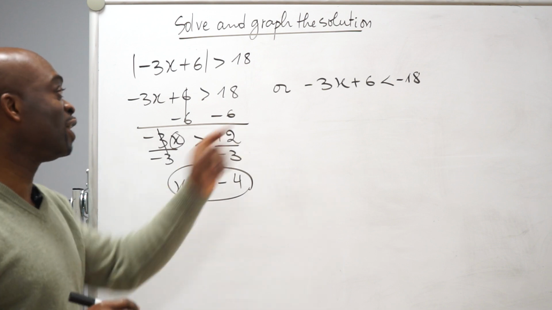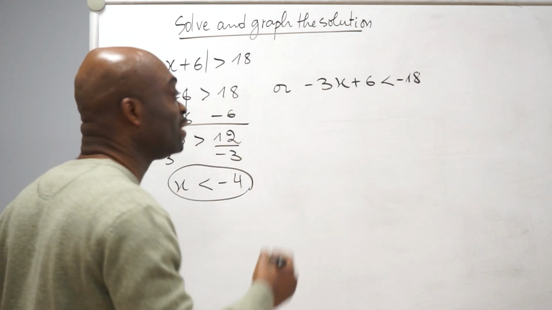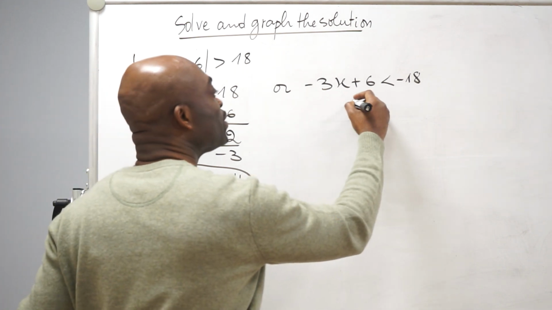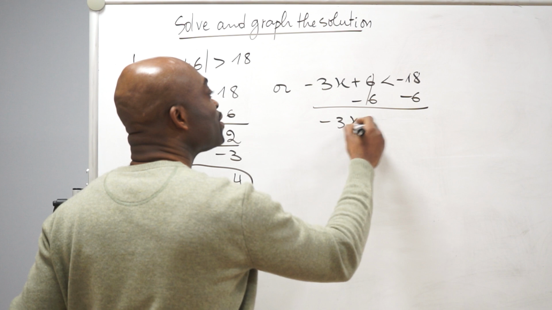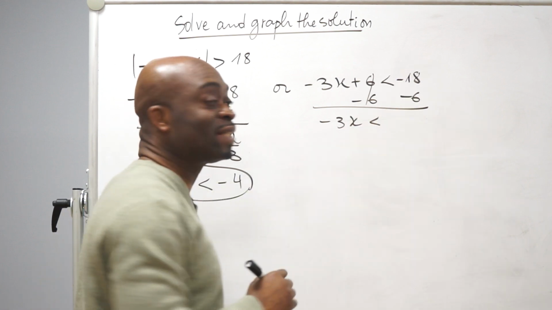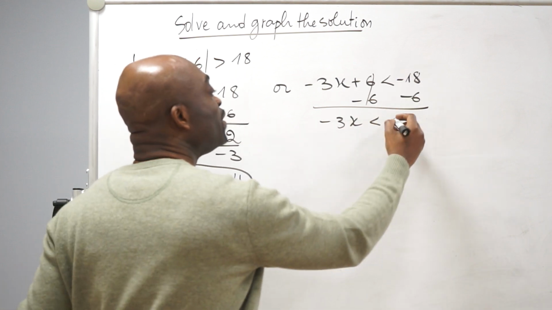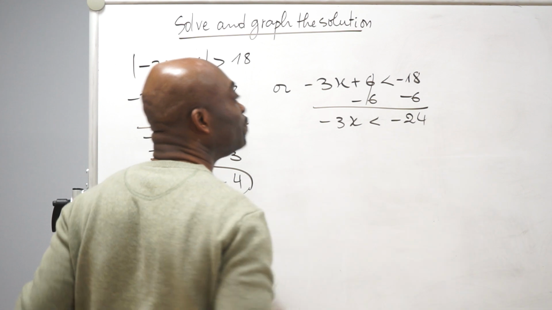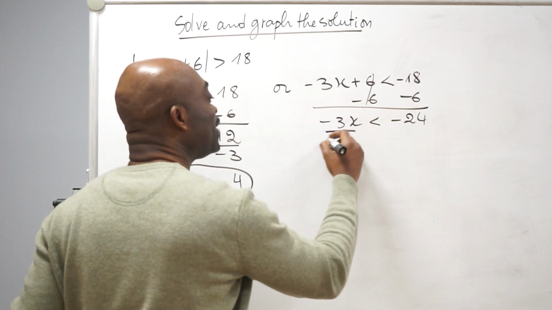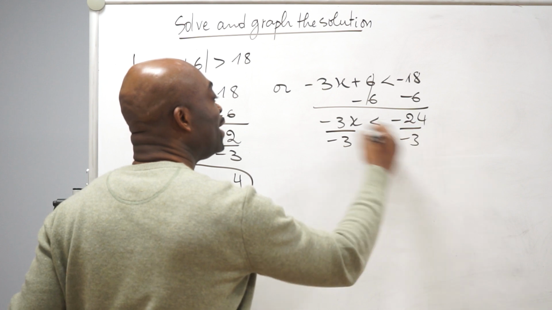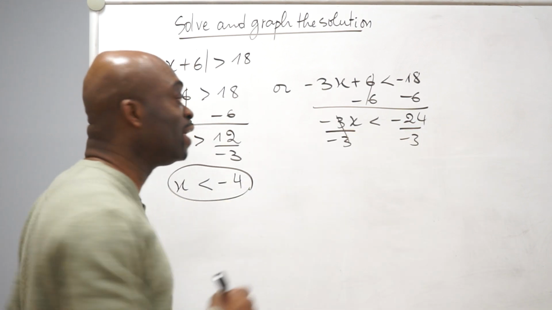All right? So let's go to the second one now, so that you can get another application of it. So minus 6 here, right? Then you have negative 3x less than what? What is negative 18 minus 6? It's going to give us negative 24. All right? Because you add and keep the sign. And then the same thing here, we have to divide both sides by negative 3.